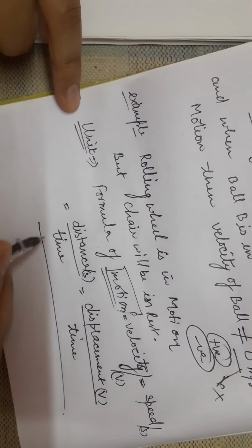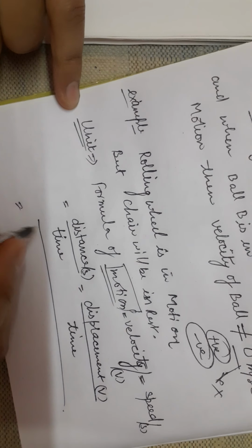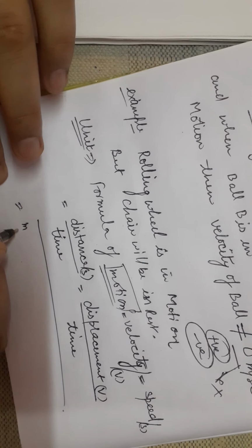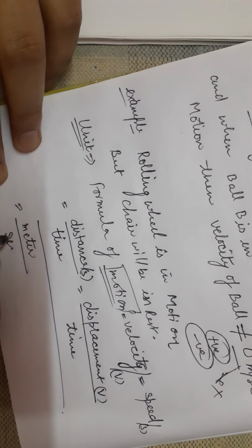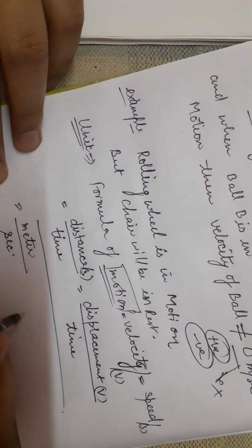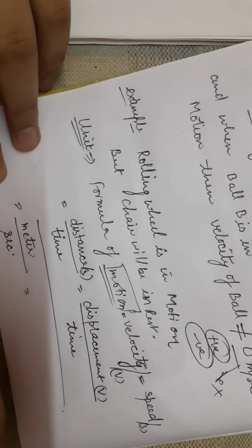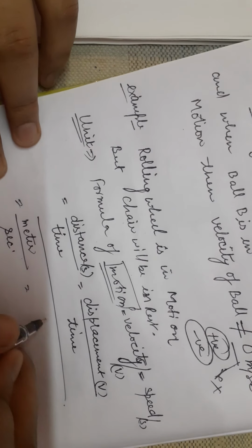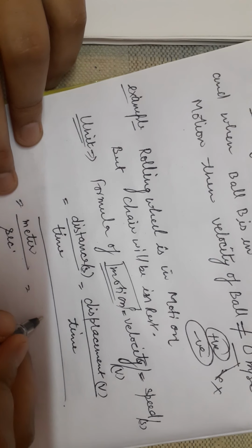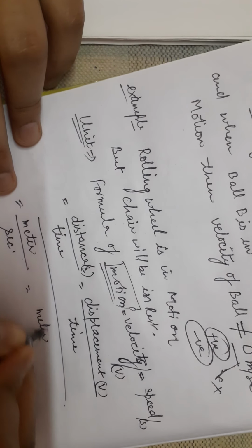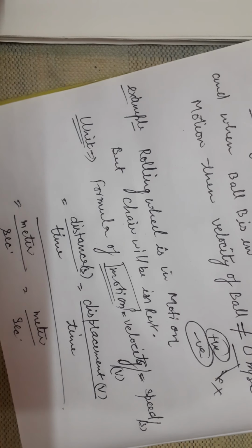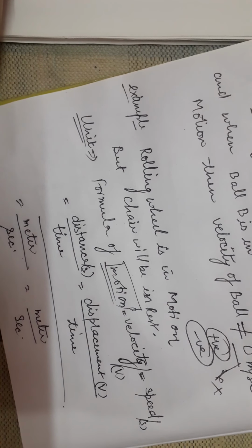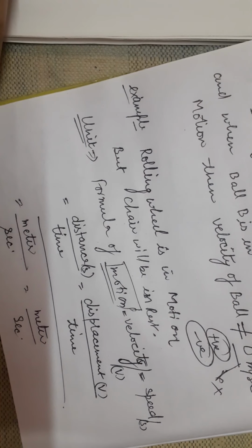Okay, what is the unit of distance? Meter. And what is the unit of time? Second. What is the unit of displacement? Meter. So the unit of motion is meter per second.